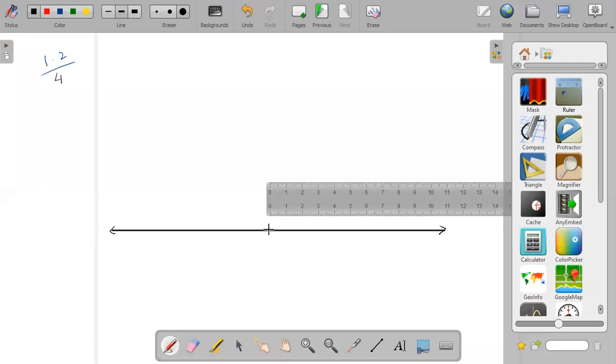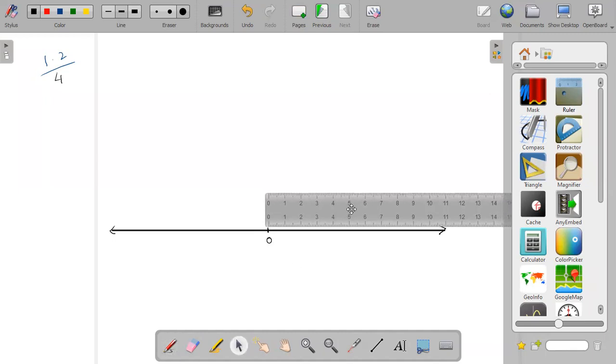So this is our suppose 0, and we will take the distance as, okay, let us see, take 4. 4 distance is 1. This is our 1 unit.